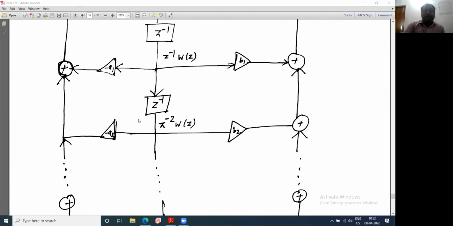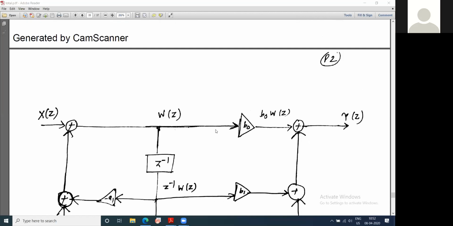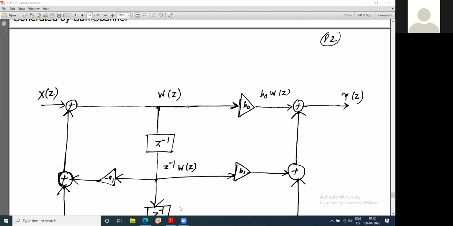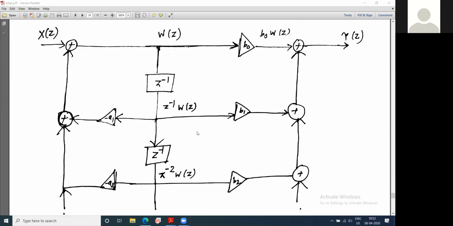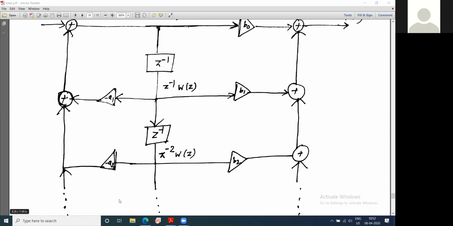Separate delay elements are not there. Direct form 1 was developed earlier, then due to the hardware requirement, direct form 2 was developed, and in direct form 2 we have reduced the number of delays. However, the number of multiplier requirement remains the same.